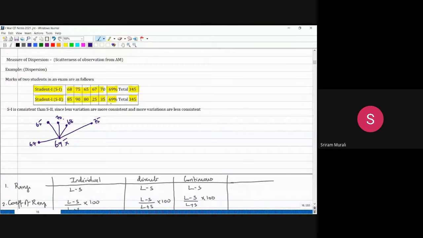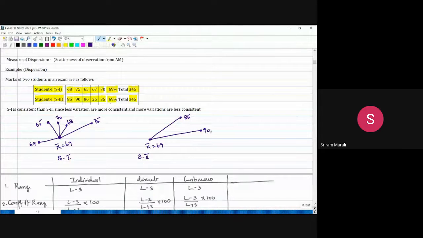Supposing I take the fluctuation from this 69 for student 1. Likewise for student 2, the arithmetic mean is also 69. But 85, it hugely varies. 90, it is slightly increased from 85.